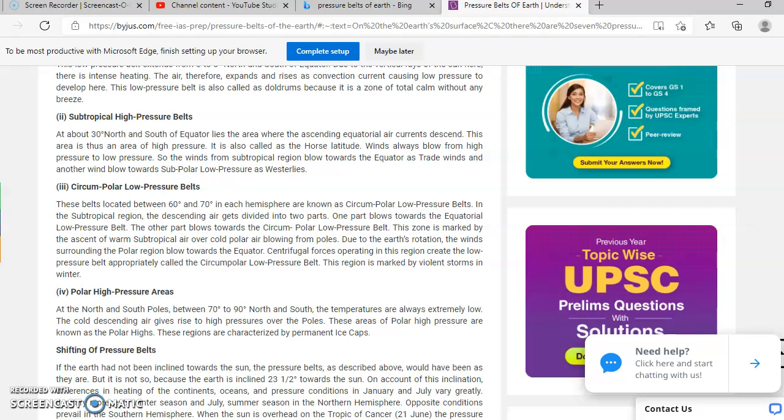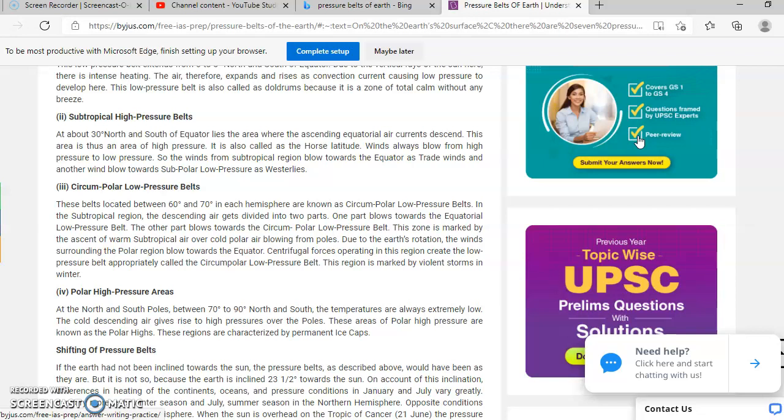We know that in the equatorial regions the temperature all around the year is very high, as the sun is vertically overhead for most of the year. Okay, so the air near the surface of the earth becomes warmed up, and as warm air is lighter, it rises above.